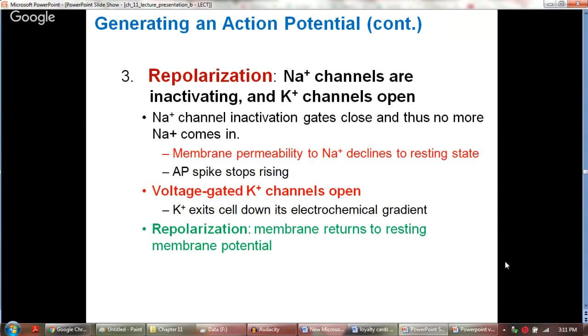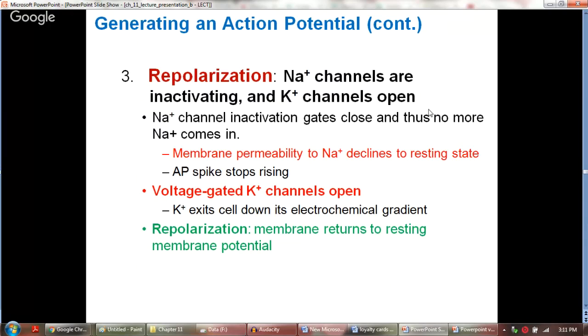With related to the repolarization, the sodium channels are inactivating at this point, and potassium channels start to open up. Once the potassium channels start to open up, potassium starts to go out. That is, positive ions are leaving from inside.